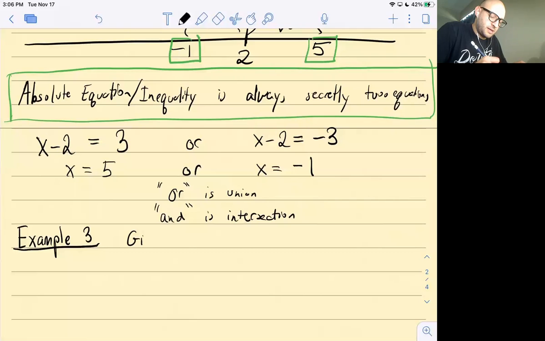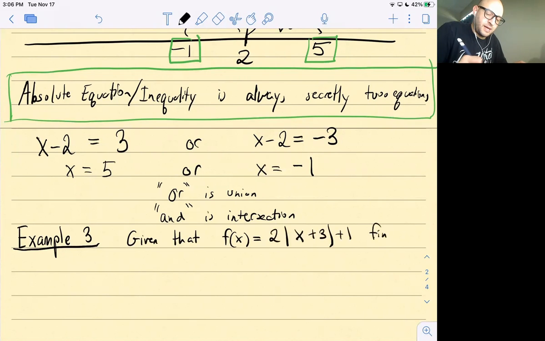So given that f of x equals 2 absolute value x plus 3 plus 1, find all x for which f of x is equal to 18.